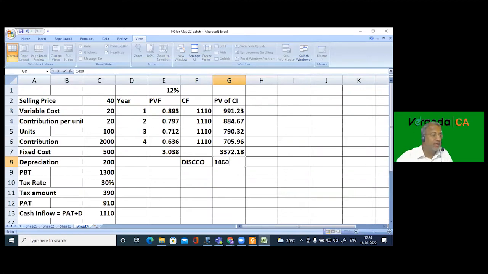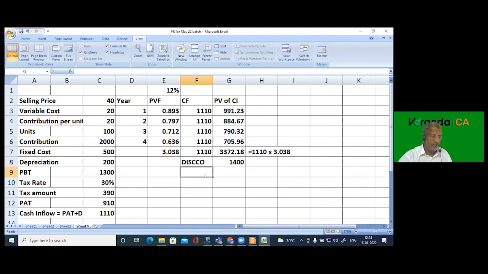Let us take the matter for the purpose of discussion. So this could even be worked out as 110 into 3.03.